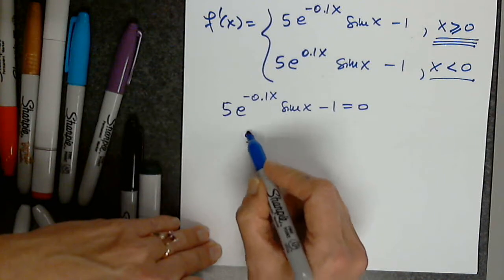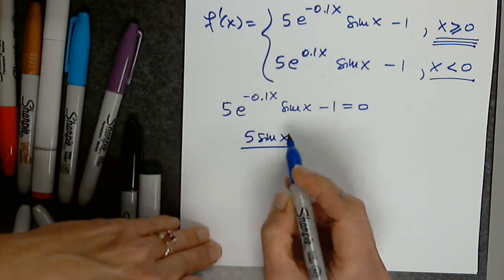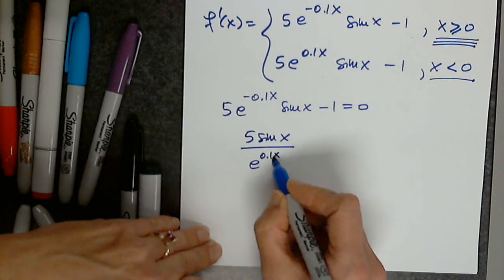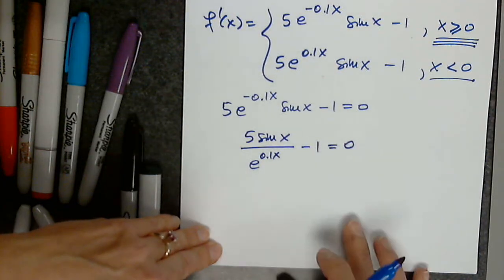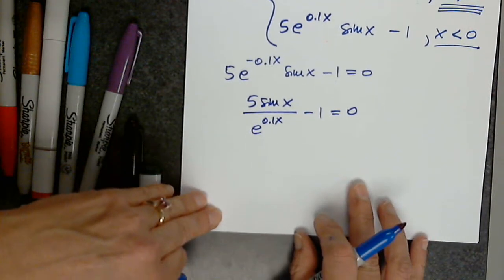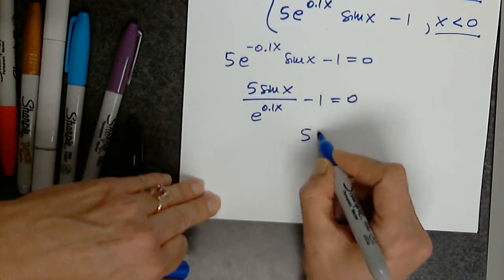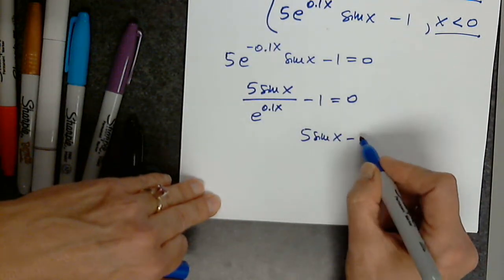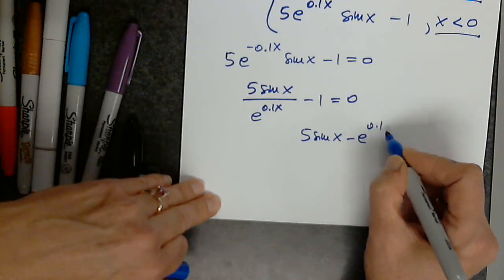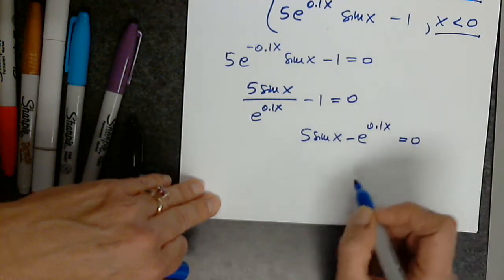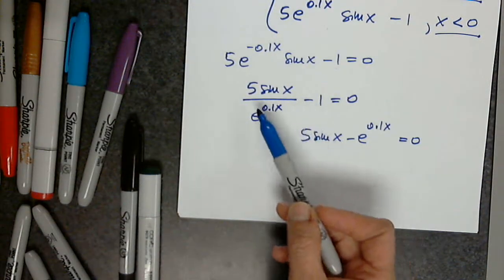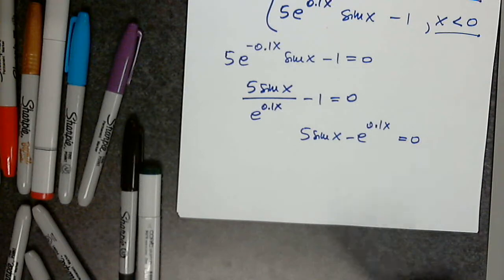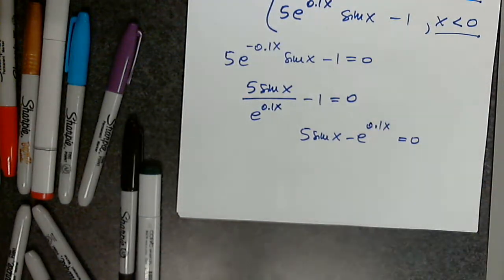This is 5 sine x over e to 0.1x minus 1 equals 0, or 5 sine x minus e to 0.1x equals 0, after I found the least common denominator, and the fraction is 0 only when the numerator is 0.